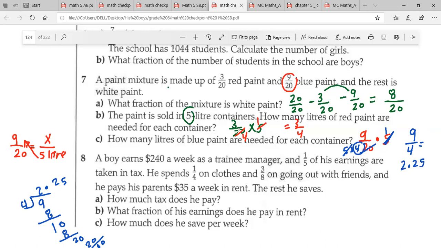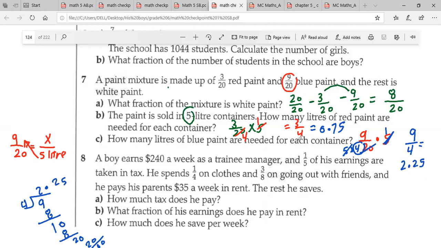And by the way, if you want to change 3 divided by 4, you will see this in the lesson. 3 divided by 4, we get 0.75. I will illustrate how to change from decimal to fraction, and from fraction to decimal, in the next session.